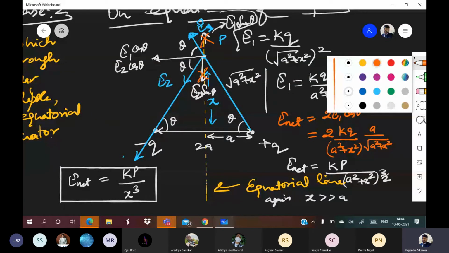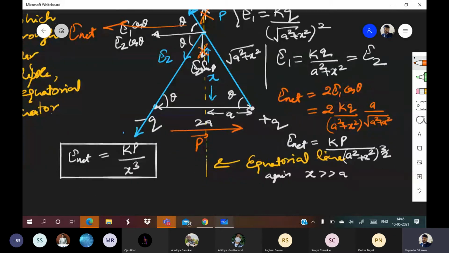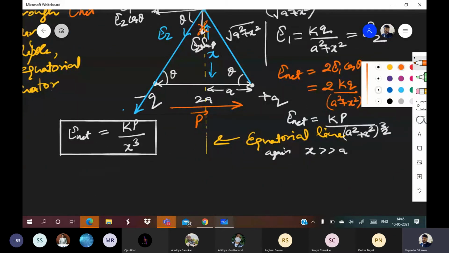If you notice, this is the direction of P vector, from negative charge to positive charge, right? What is the direction of E net? Your E net is opposite to the P vector. Yes or no? So basically, we need to write two things in vector form.